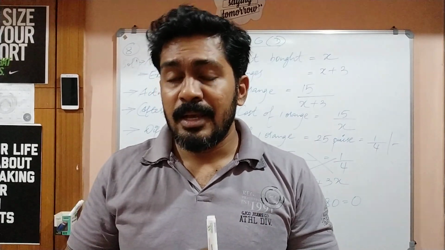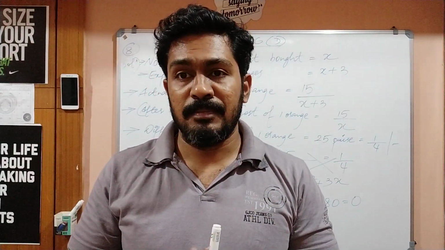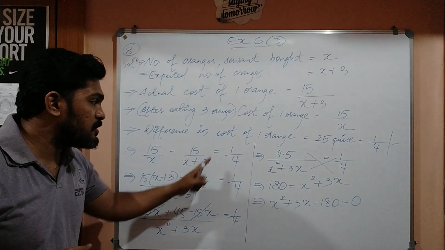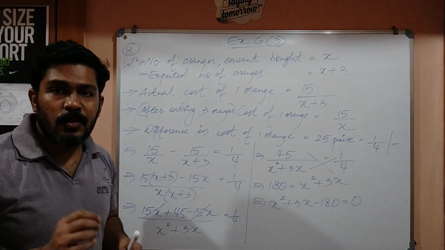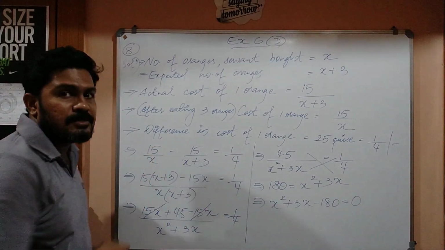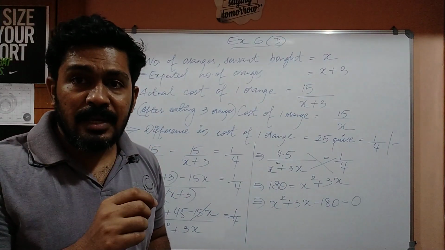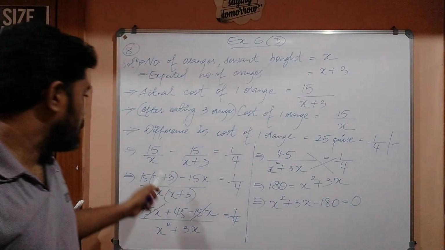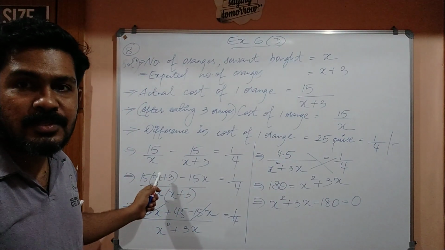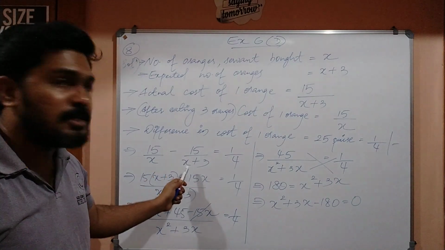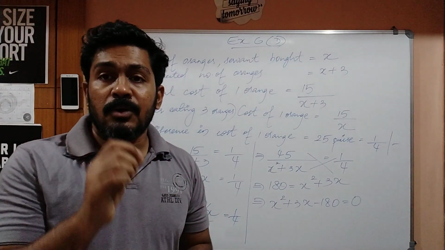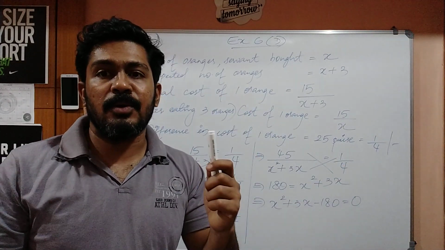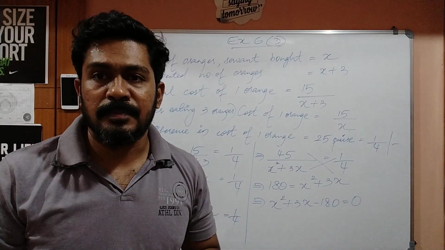Now see children, how to frame the final equation. 15 upon X minus 15 upon X plus 3 is equal to 1 by 4. Why? Because 15 upon X is the money spent by the servant for one orange on X oranges, isn't it? And 15 upon X plus 3 is the cost of one orange if he had bought all the X plus 3 oranges for this owner.